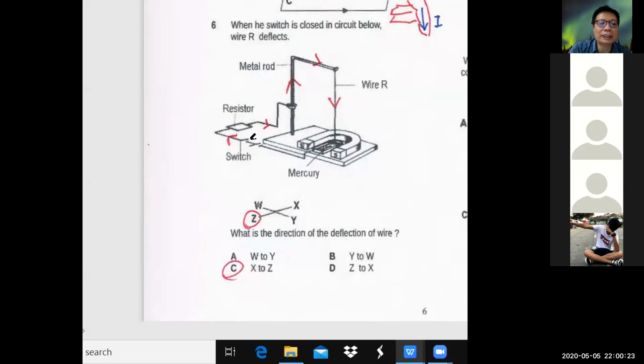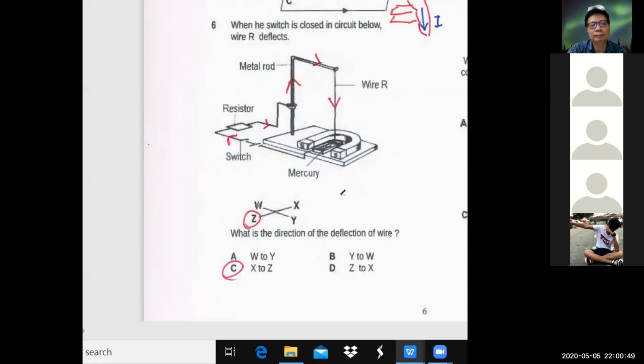Okay, current here positive. So it comes out here, follow here. We go up, come over here, go in. This is mercury. Mercury can conduct current, so the current comes out, then goes back. So magnet, this is north, this is south.